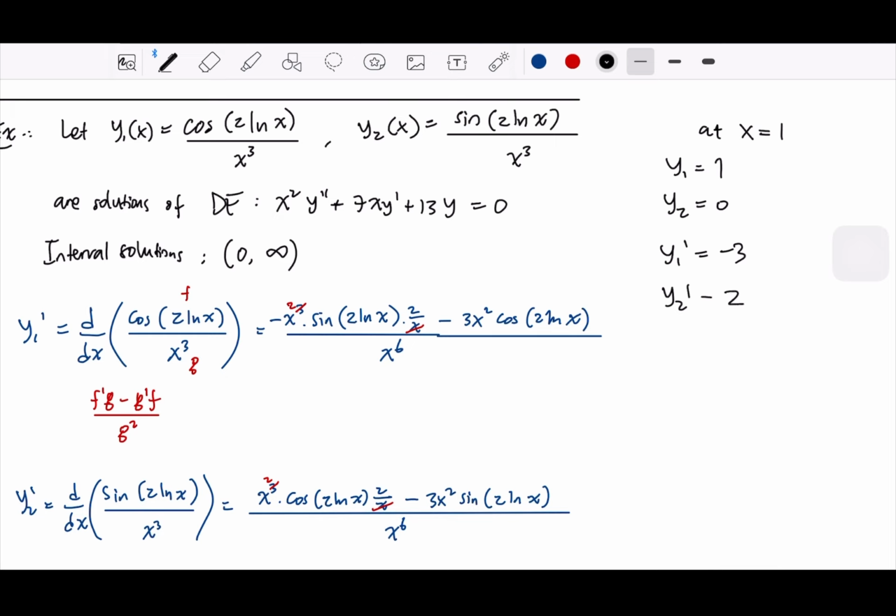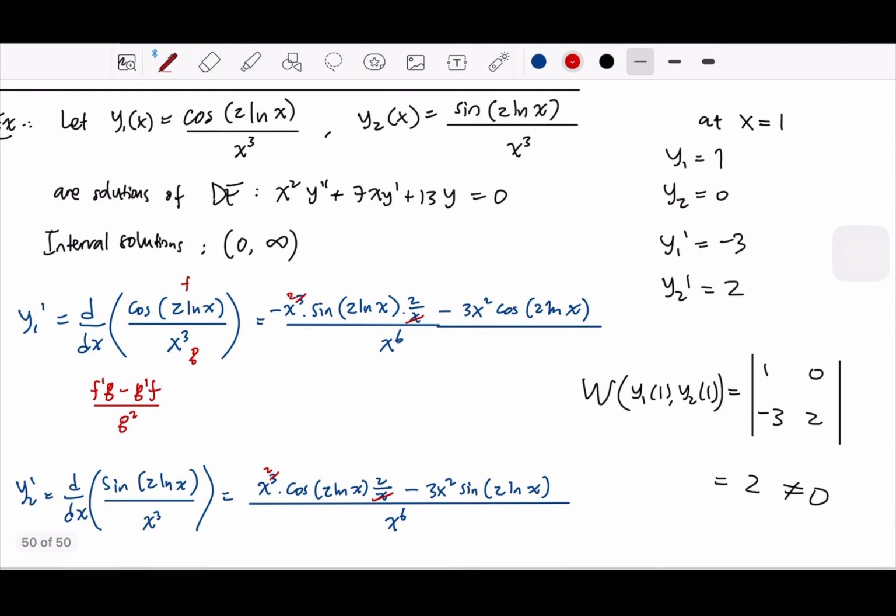So we take the Wronskian from y1, y2 at 1: 1, 0, negative 3, 2. And the result is 2 minus 0, so it's 2. It's not equal to 0, which means that this is linearly independent.